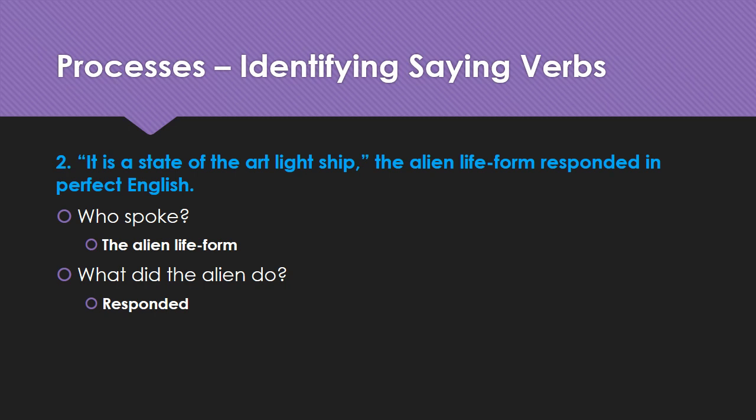So we simply ask, what did the alien life form do? Responded. We could get rid of that last part, in perfect English, and it would still make sense. And that's how we know it's an adverbial phrase added on the end to give us more information. Okay, so the saying process is responded.